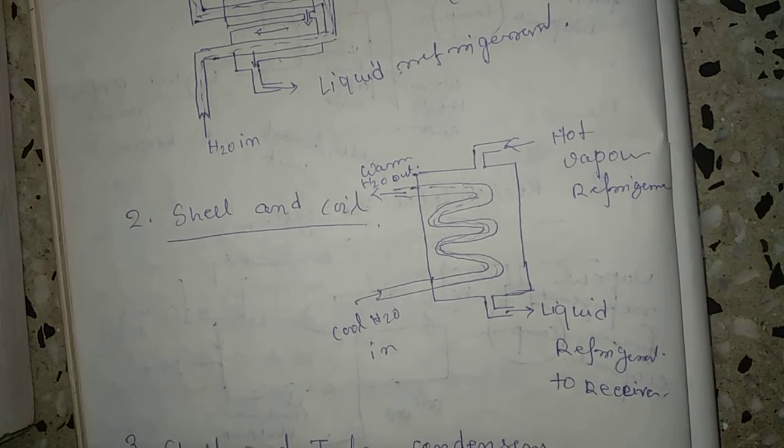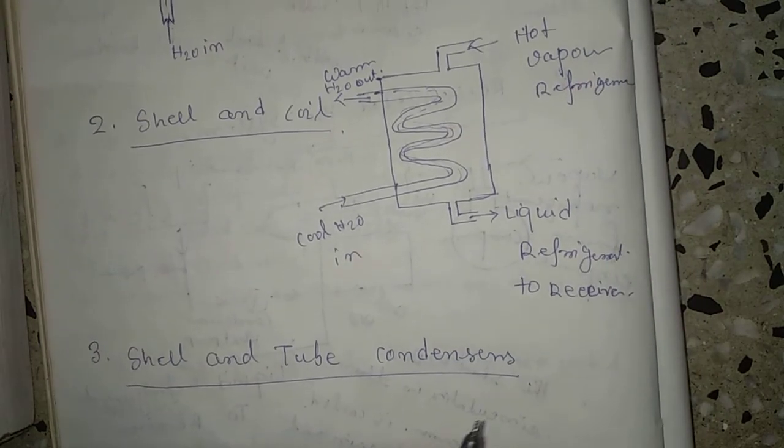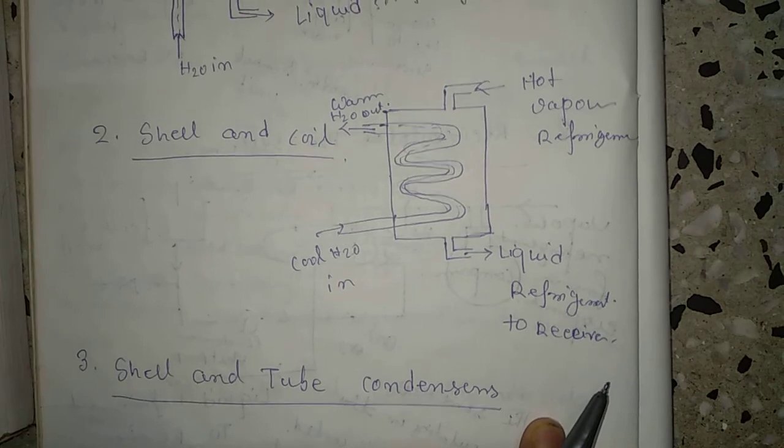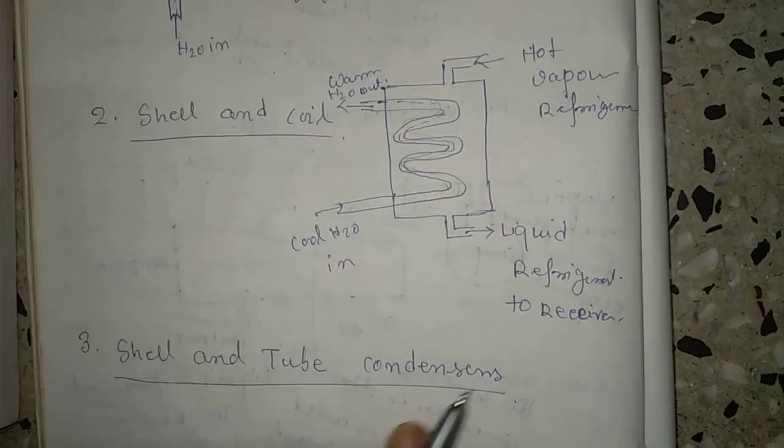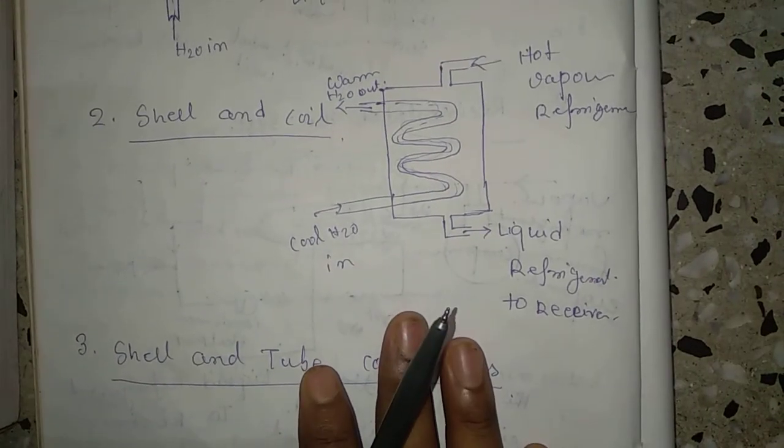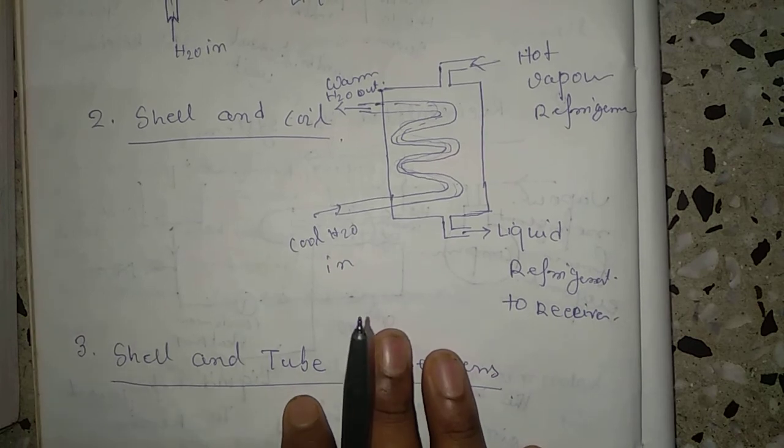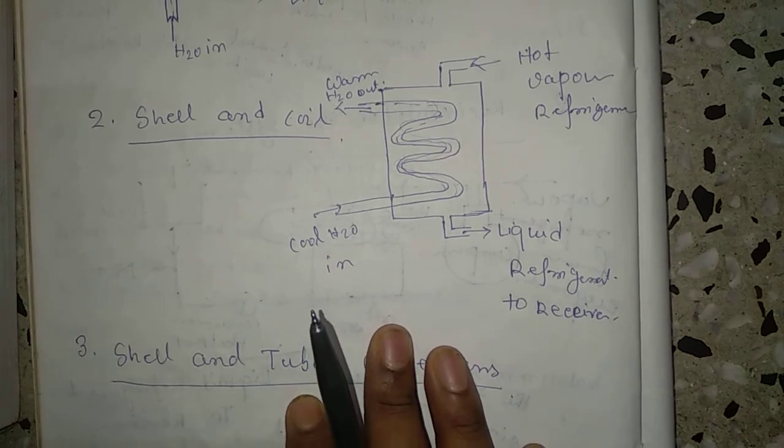Again, the shell and tube condenser is similar to the shell and coil condenser and the tube in tube condenser.